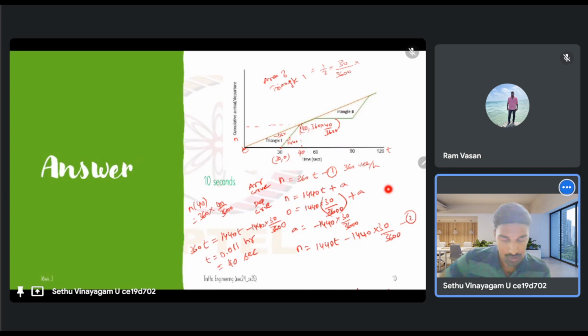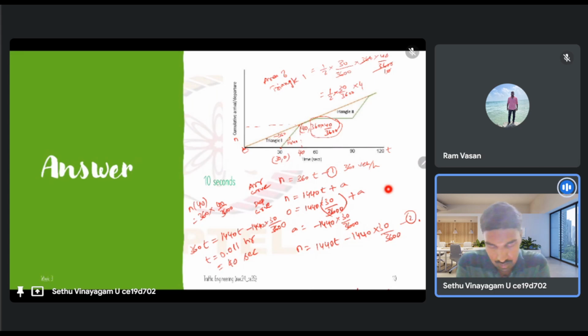That is what we calculated here: 360 into 40 by 3600. So this is basically 10 times, so this is 4. So the height is 4. So half into 30 by 3600 into 4. So that is your area, right?